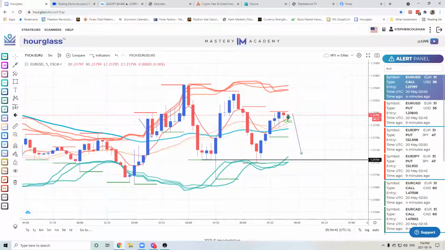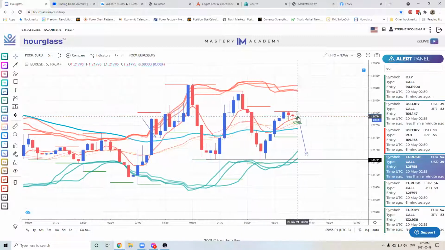Remember, this pair goes up when the euro strengthens against the dollar. Or you're going to see the euro number get smaller versus the dollar number as it drops. So one thing to watch for is you're looking at the currency strength meter and you're like, oh yeah, euro is way stronger than dollar.